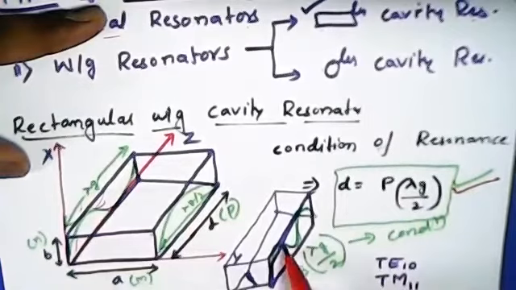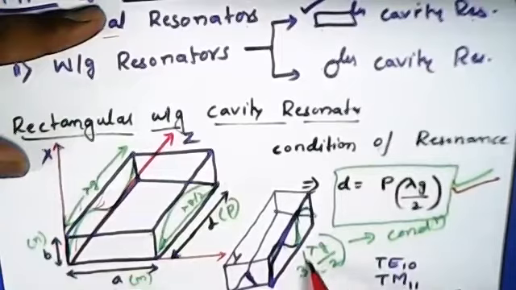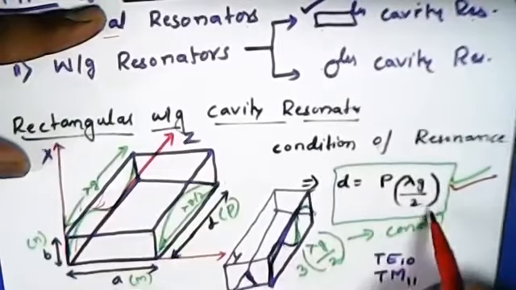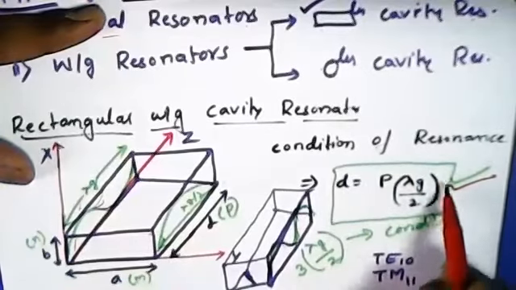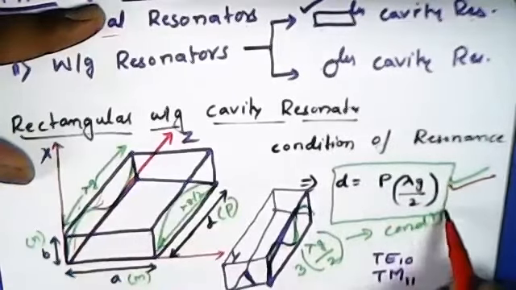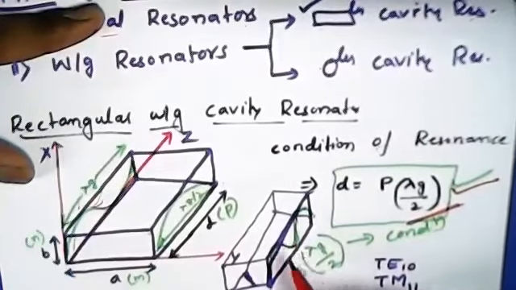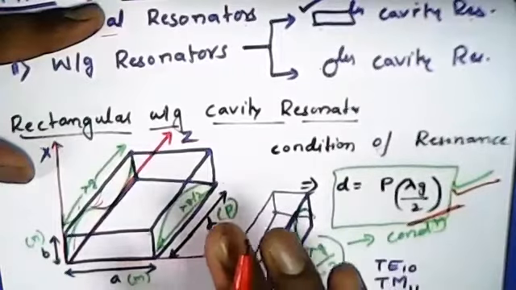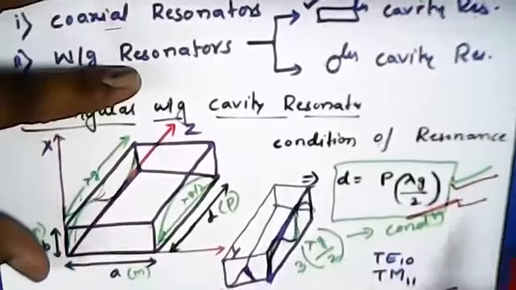If there are 3 half waves, we call that 3 lambda g by 2. In such cases, we can say it is fulfilling the condition of resonance. Apart from this, it is not satisfying the resonant condition. It has to fulfill this particular equation.